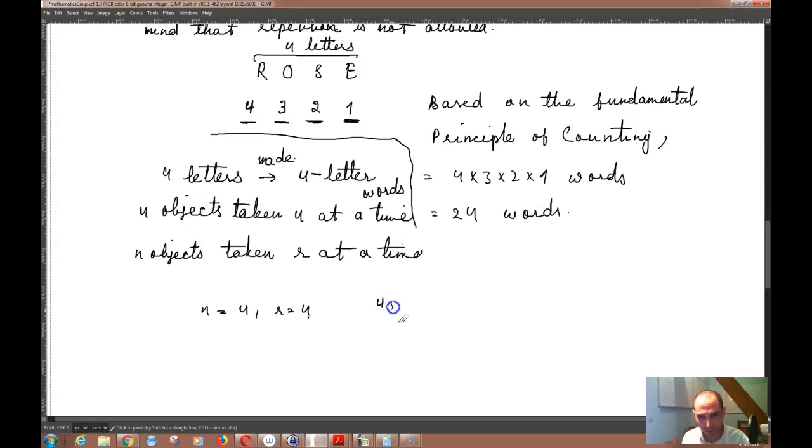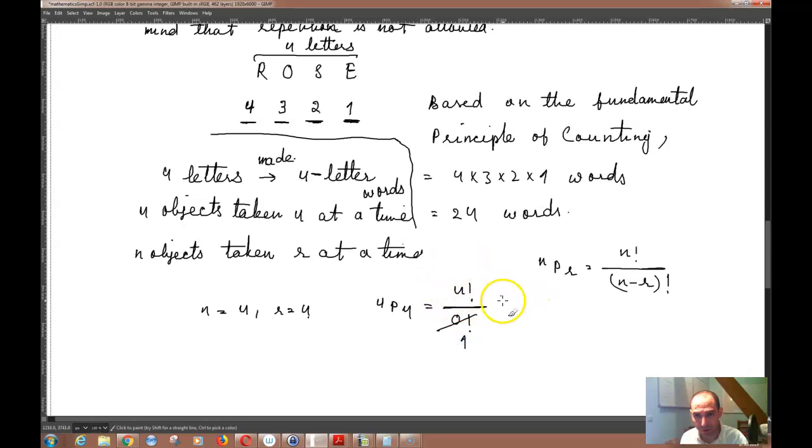So then 4 permutation 4 would be equal to n factorial, which is 4 factorial, over n minus r factorial. So n permutation r is equal to n factorial over n minus r factorial, which is equal to 4 minus 4, which is 0 factorial, and 0 factorial is equal to 1.